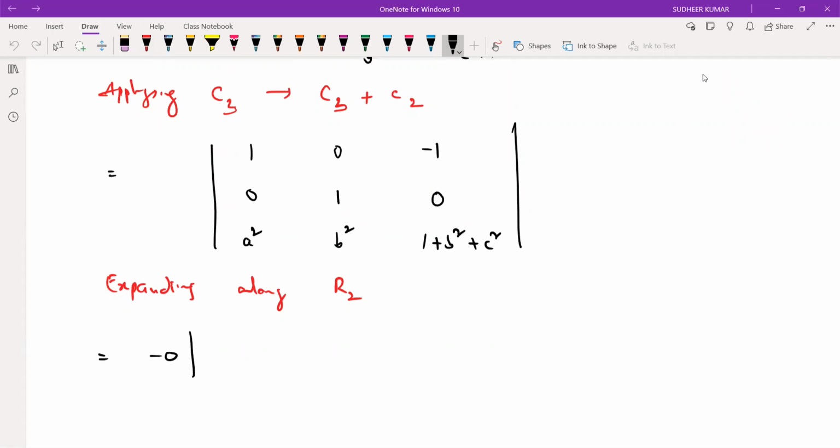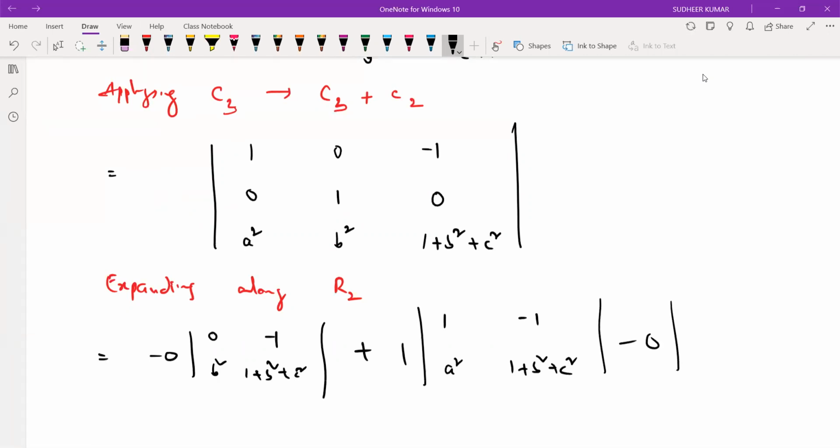So what do we get? 0, minus 1, B square, 1 plus B square plus C square. Next plus 1 times of delete this row and column. So this is 1, minus 1, A square, 1 plus B square plus C square, minus 0 times of delete this row and column. So this is 1, 0, A square and B square.